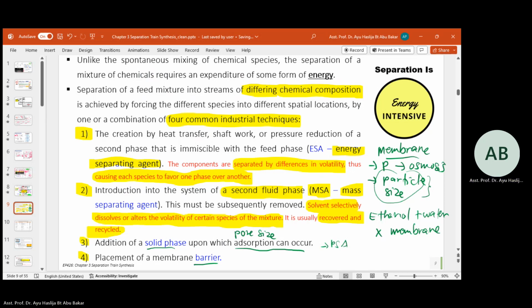If you have, let's say, a methylene blue dye solution, you mix methylene blue with water. Yes, that one you can use the membrane because you still have the dye solute which dissolves inside the water. You can use also adsorption. The adsorption here is not only the pore size, it also works with the surface charges.